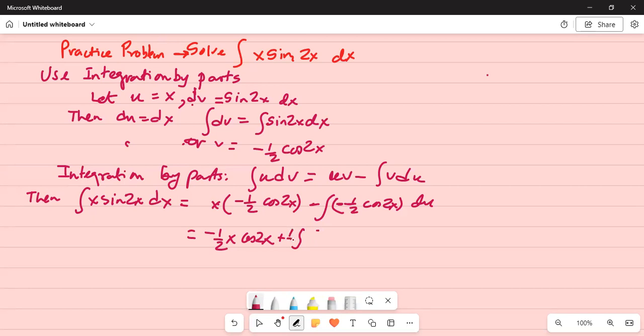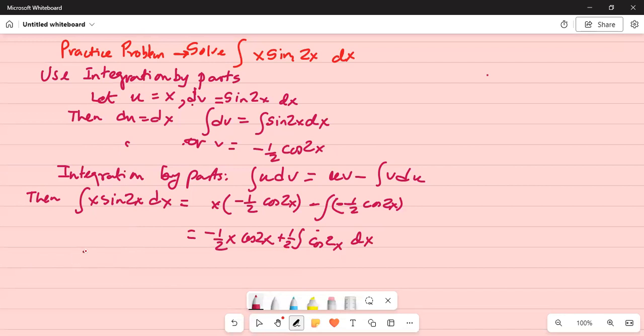So half is outside, cosine 2x. And I should have written dx in this case. So if I write it correctly, this is dx. Okay, so du, as I told, is dx basically.